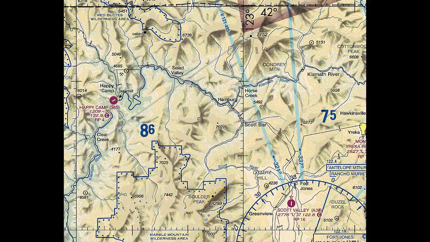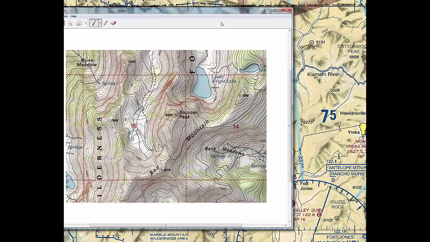Well, if we look at a topographical map from the USGS, and I have a copy of one here for this particular area, here's Boulder Peak, and you can see that the elevation given for Boulder Peak is 8,299. Okay, well that makes sense. The question is, what is the accuracy of that elevation?